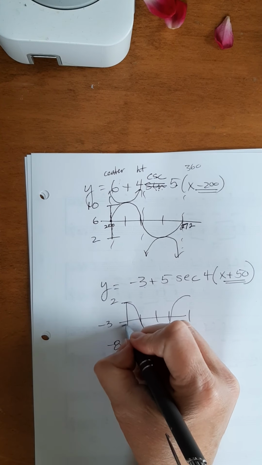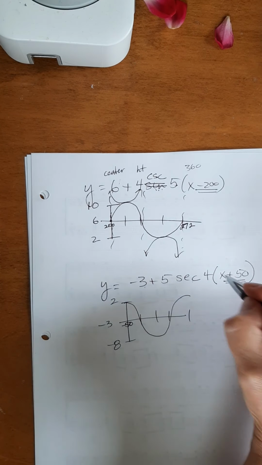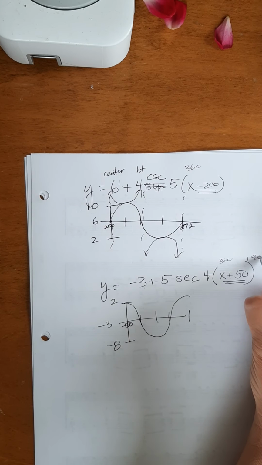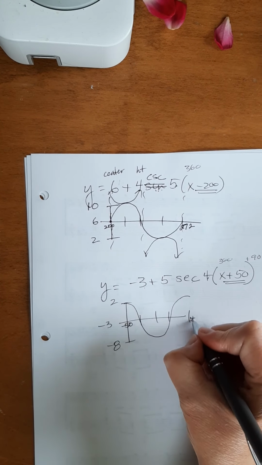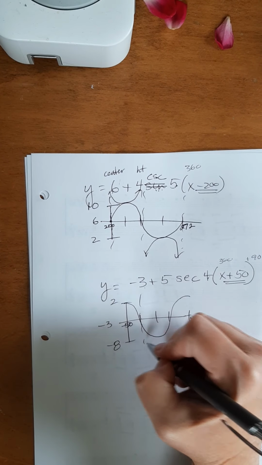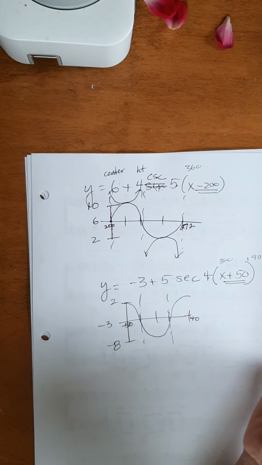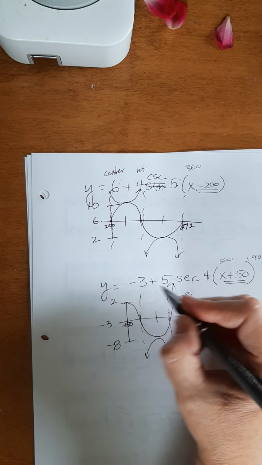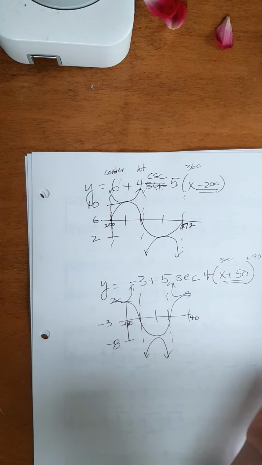What makes that 0? Negative 50. And a 4 into 360 is 90. So if you add 90, you get 40. And now last step, the reciprocal part. Zeros become asymptotes. And there's your frowny face.